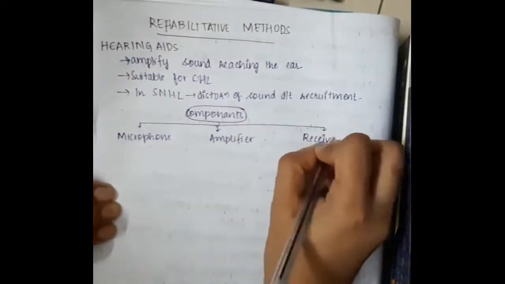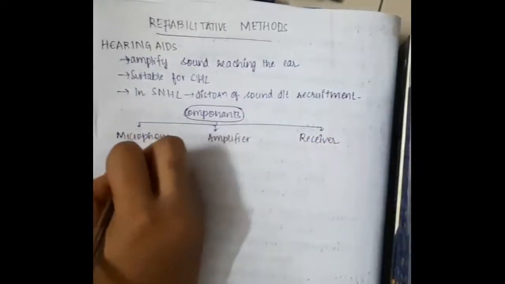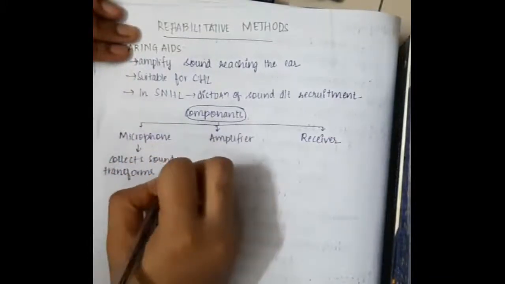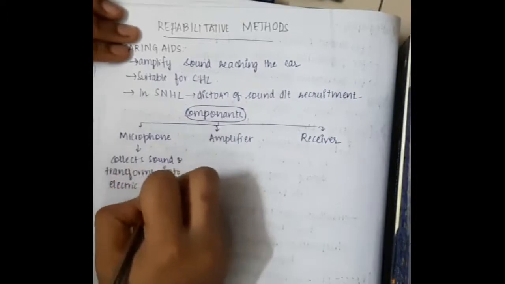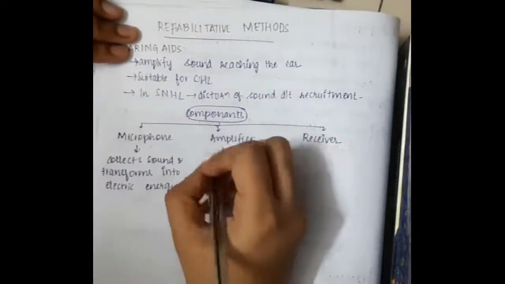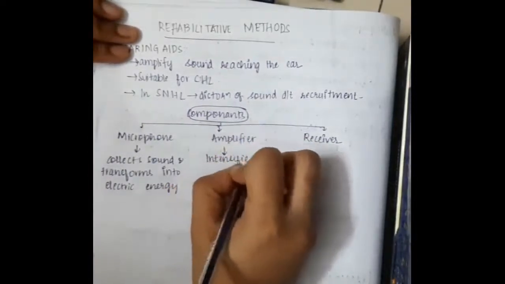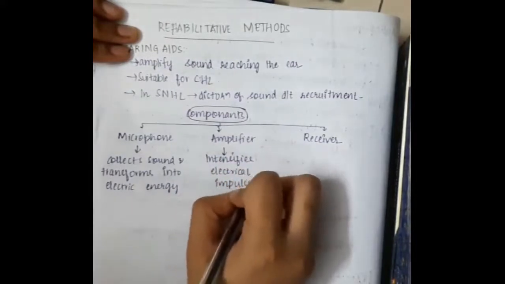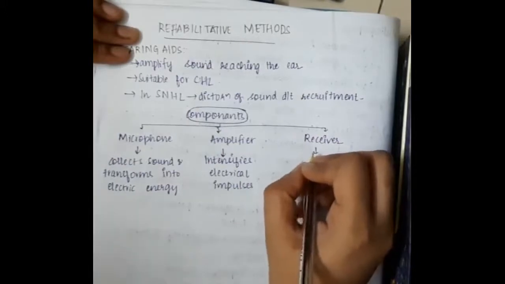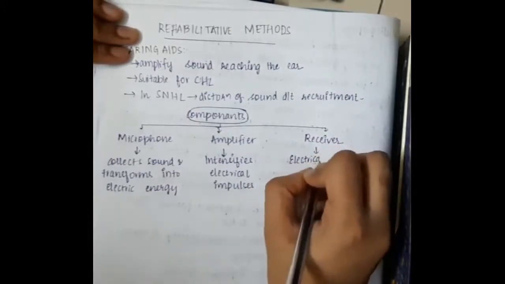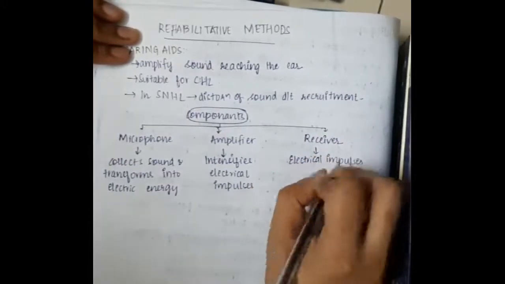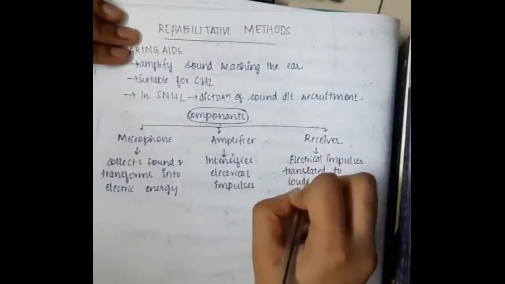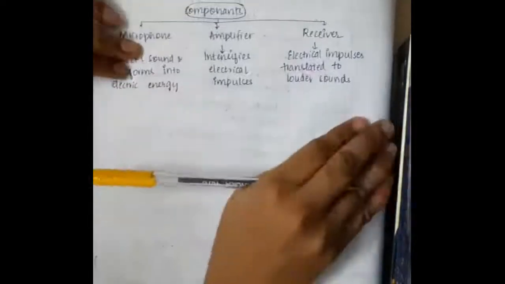The microphone collects sound and transforms it into electrical energy, whereas the amplifier will intensify the electrical impulses, and then the receiver will receive the electric impulses and translate them to louder sounds. That is the work of the receiver.